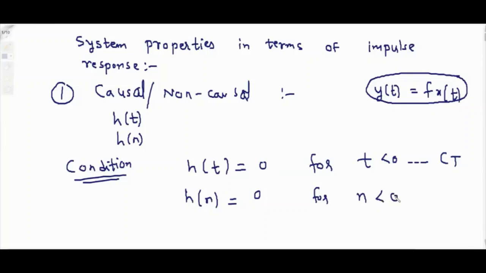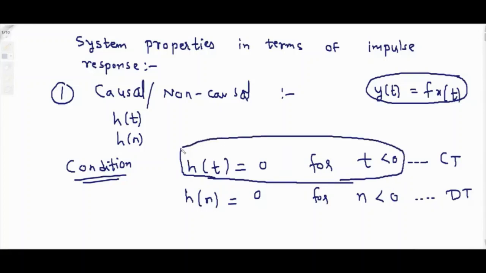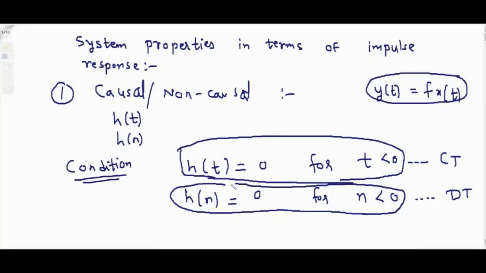For discrete time, we have variable n. So h of t equal to 0 for t less than 0, and h of n equal to 0 for n less than 0. So these are the important conditions.